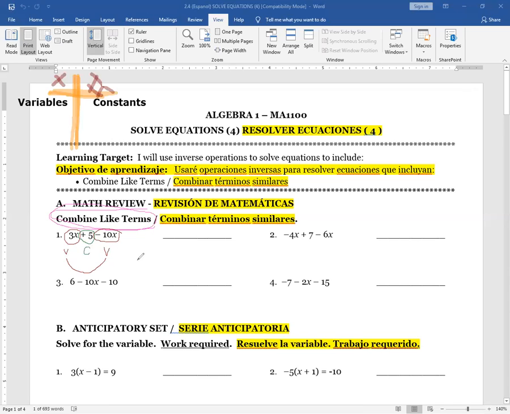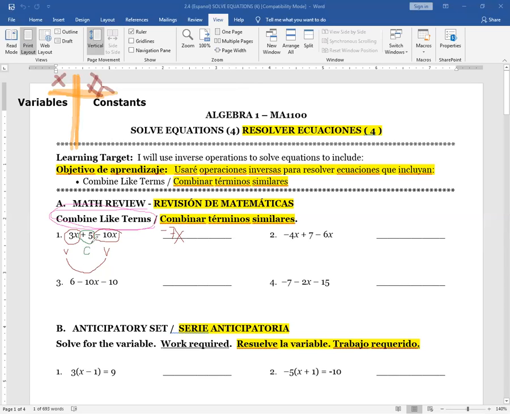Okay? So if you had a handy dandy calculator and you had 3 minus 10, you would end up with negative 7. And since it's x, it's in the x family or the variable family, we have negative 7x.